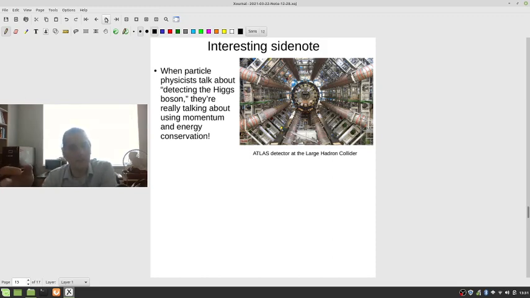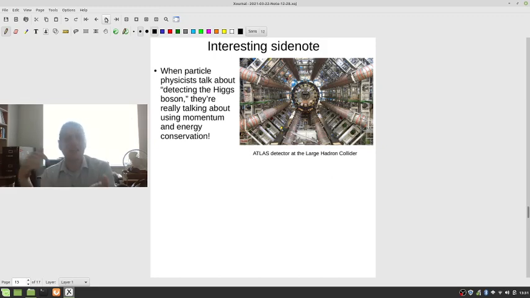I don't know if you find this stuff interesting or not. I do want to say, though, it does have some interesting consequences. And one of the interesting consequences is that if you can think about the energy and the momentum of these particles, you can start to do some real banger experiments.